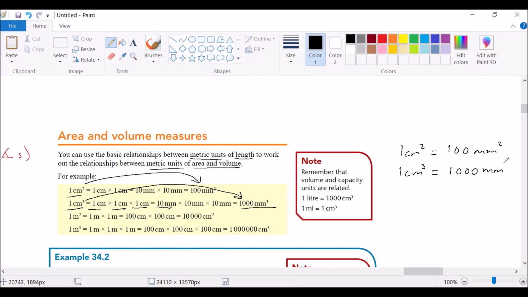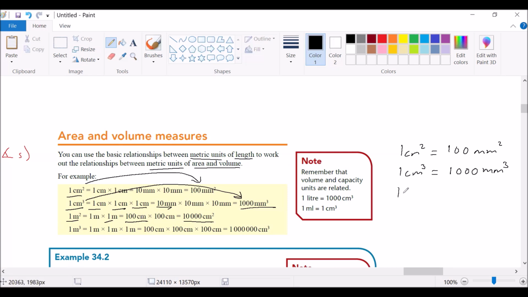cubic millimeters. 1 square meter is equal to 1 meter times 1 meter, which is 100 centimeters times 100 centimeters. Here we are saying 1 meter is equal to 100 centimeters. So if we square that, we are squaring the 100 centimeters, which will give us 10,000 square centimeters.